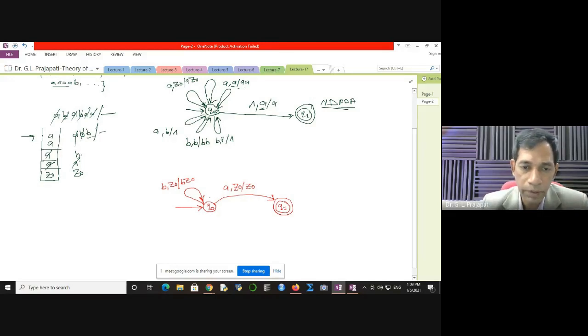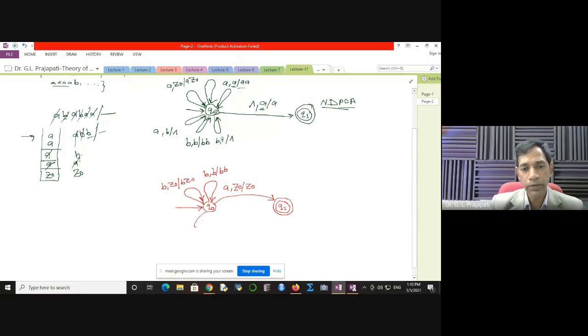Now, whenever you are at this state Q0, you may have the situation that your input is B and top is also B. So what you need to do is just save it. Still, you have more number of B's.